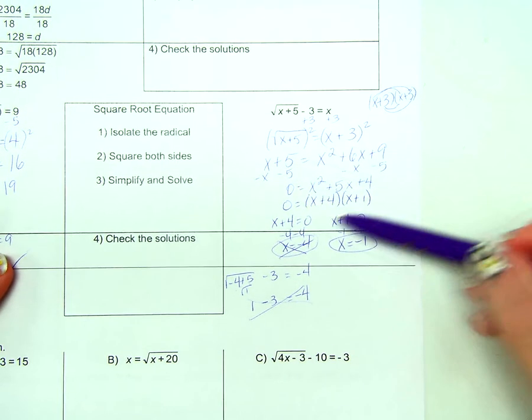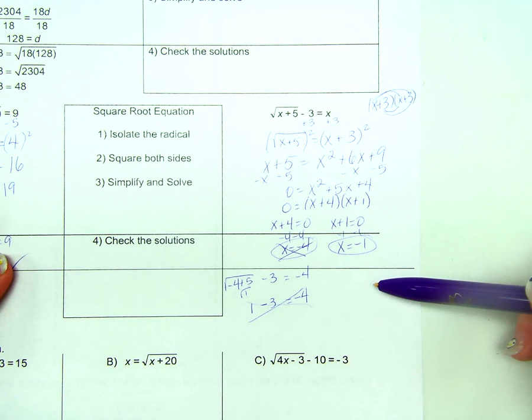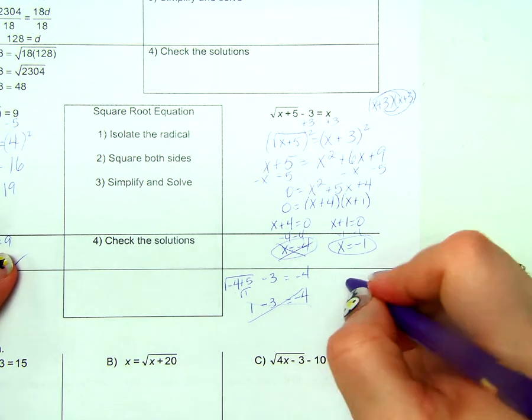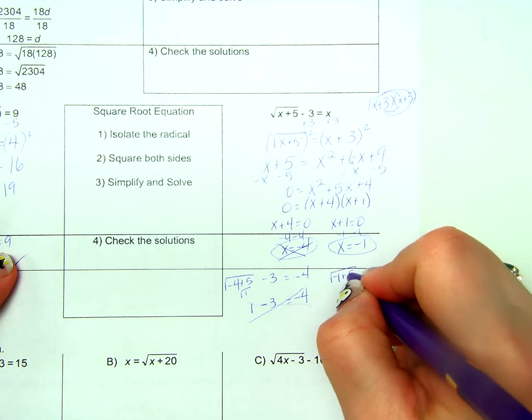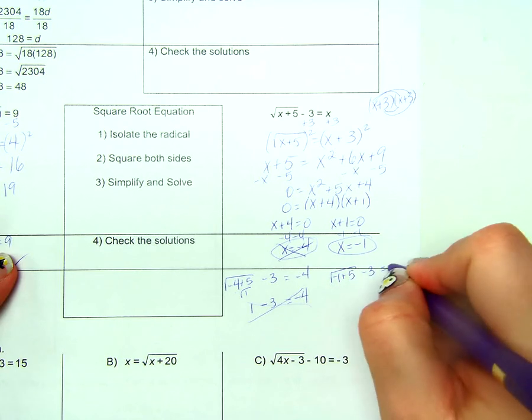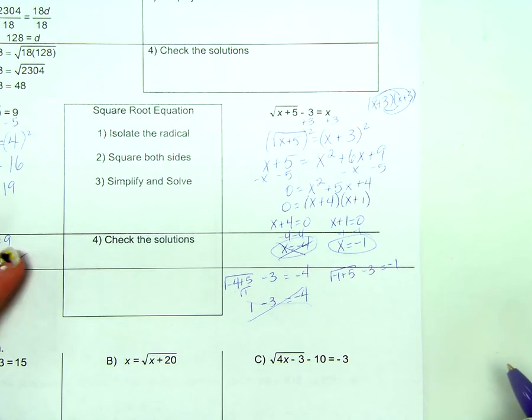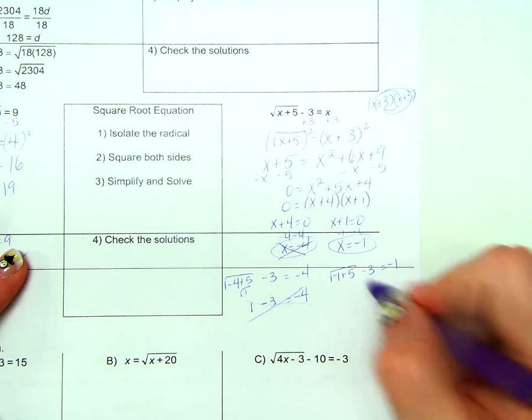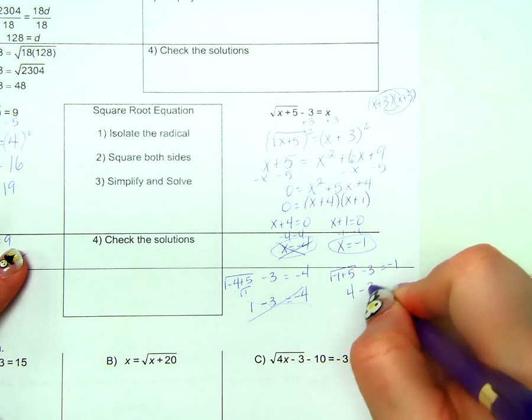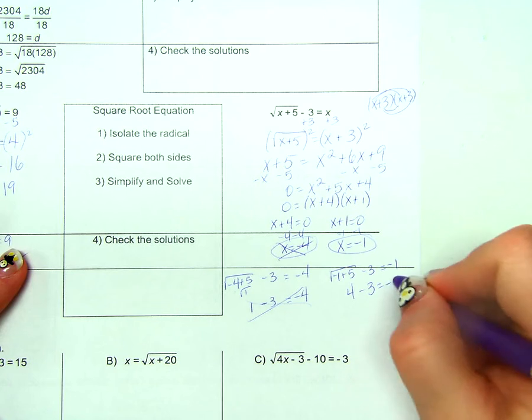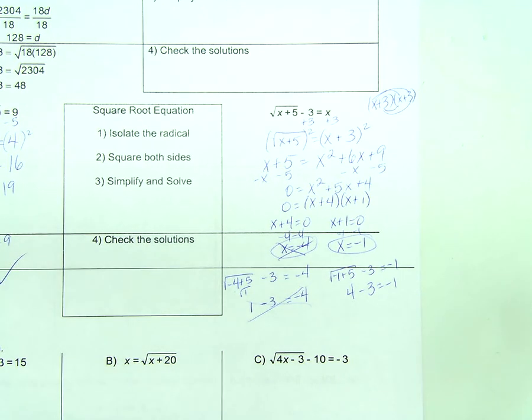Now are we sure we didn't miss anything up here? 100% sure. Okay, so what about negative 1? So the square root of negative 1 plus 5, minus 3, equals negative 1. So negative 1 plus 5 is 4, minus 3 equals... Oh, excuse me, the square root of 4.